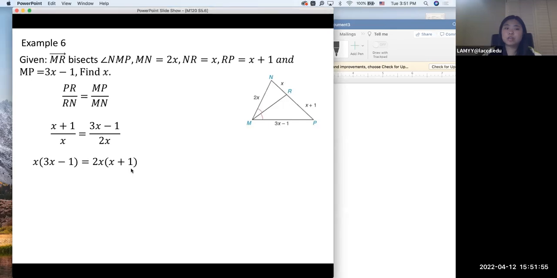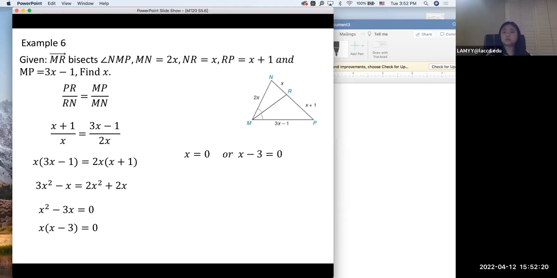Okay, distribute the x, combine the like terms. You should get this, right? And then you're going to factor out the x. You're going to get x times x minus 3 equals 0. So either x equals 0 or x equals 3.